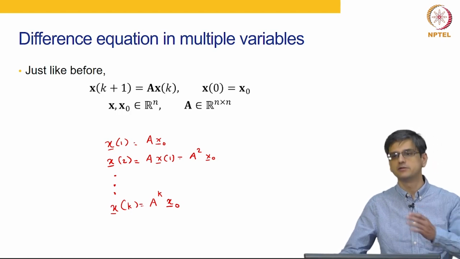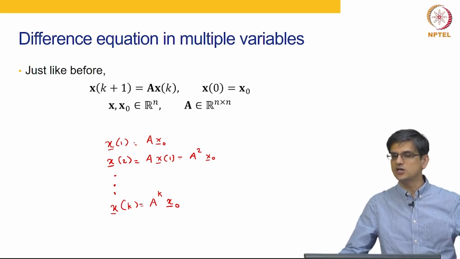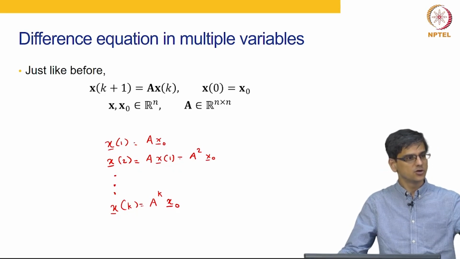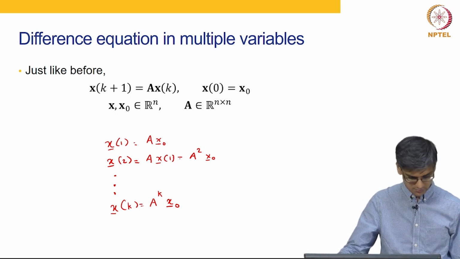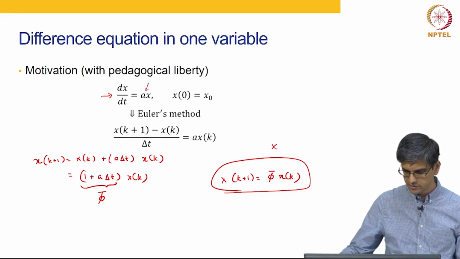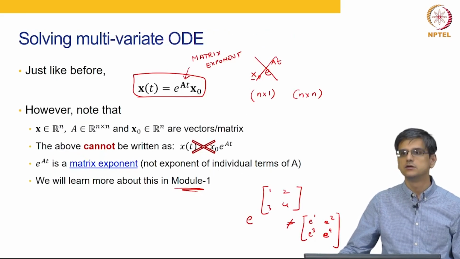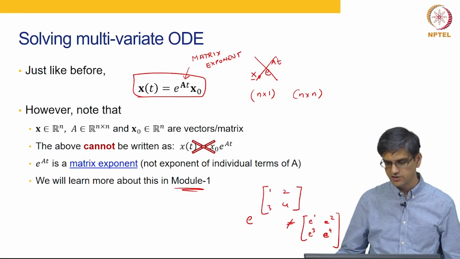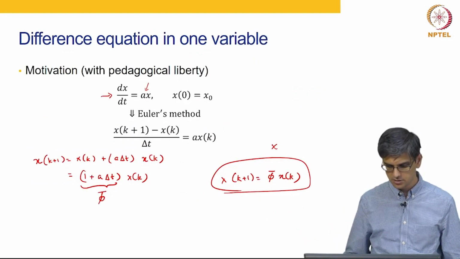Okay. If A was, not in this particular case, but if A is, let us say, a 2 by 3 matrix, you cannot do A multiplied by A. You can do A multiplied by A only if the number of rows and number of columns are equal, right. So that kind of concludes. The main takeaway message is, if you have an equation of the sort dx by dt equal to Ax, then at any time t, the evolution of x is given by this equation.